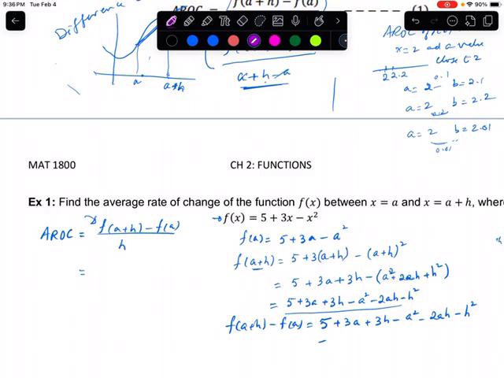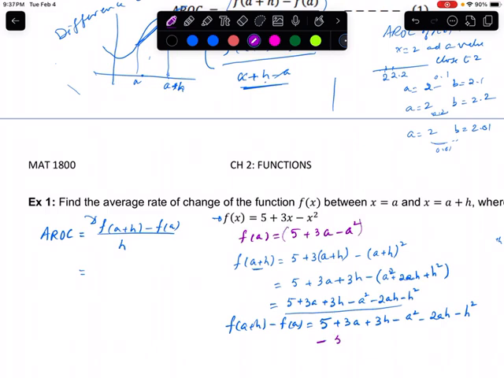Okay, maybe I should do it with a different color so that you can understand what is happening here. So I will have f of a is equal to 5 plus 3a minus a squared. So now I will be bringing that, subtracting f of a. Notice here, this whole quantity has to be in parentheses, so the negative sign will distribute.